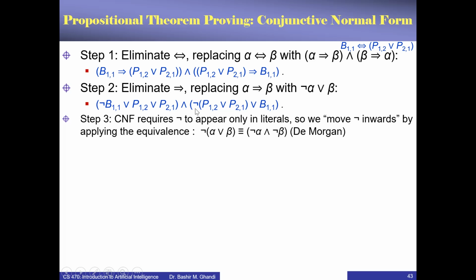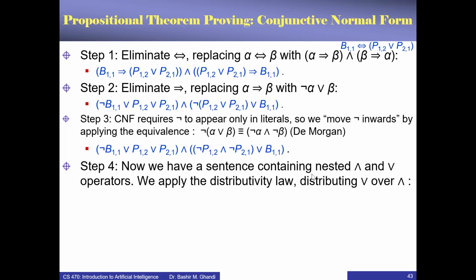If you have not of alpha or beta, it is equivalent to not alpha and not beta. Just convert the OR to AND. So with that, this is what you have. This is the same as before: not B11 or P12 or P21, and not P12 and not P21, or B11.